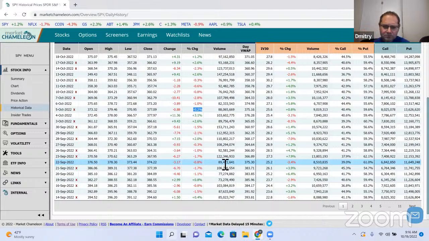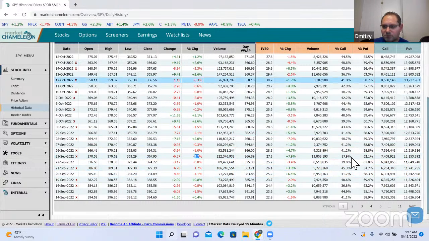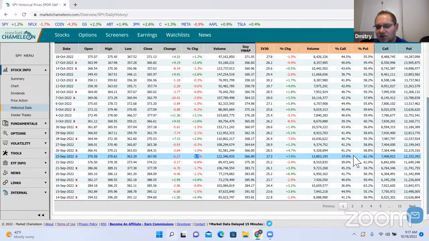Okay, so when we look at implied volatility versus realized, that's really what we're trying to figure out. What are the options implying today for the next 20 days, 30 days, 60 days? Based on that implied volatility, obviously every day you're going to get a different one, but on average, it moves 1.5%.